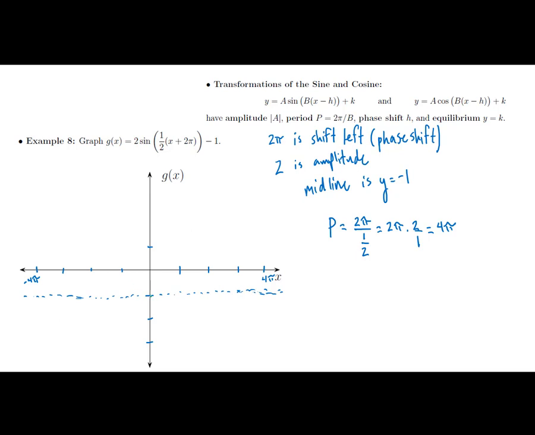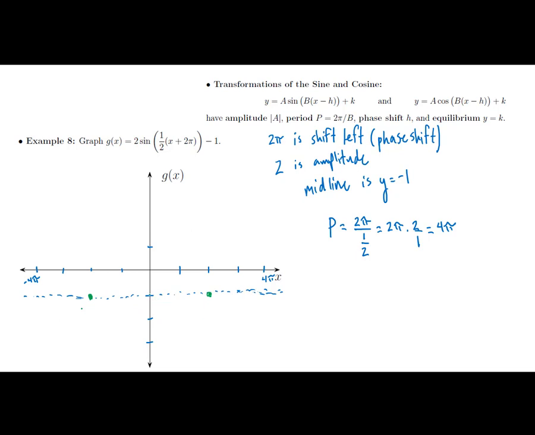But since I'm shifting to the left 2 pi, I'm going to have the starting point be right here. And I know that a full cycle has to be completed after 4 pi. So this is -2 pi, so plus a pi, plus a pi, plus a pi, plus 4 pi puts me right there. So one full cycle needs to be completed.